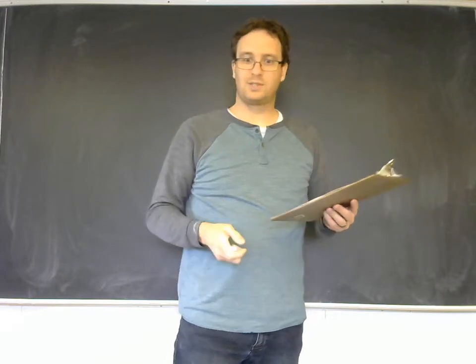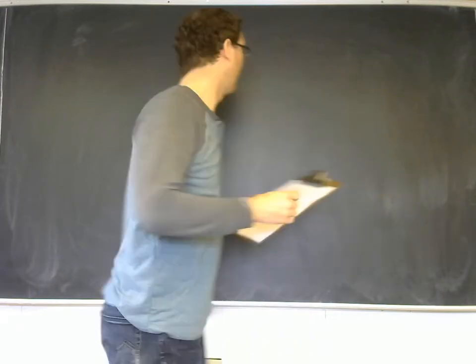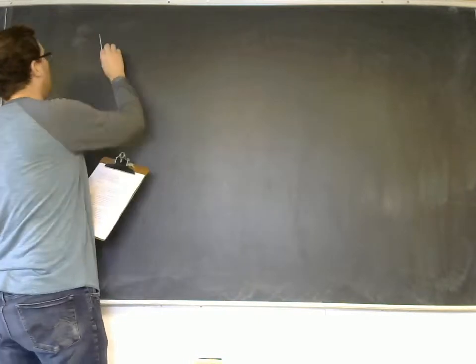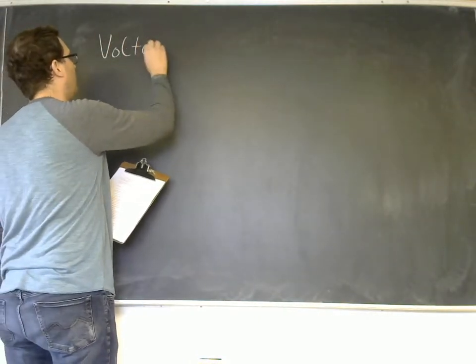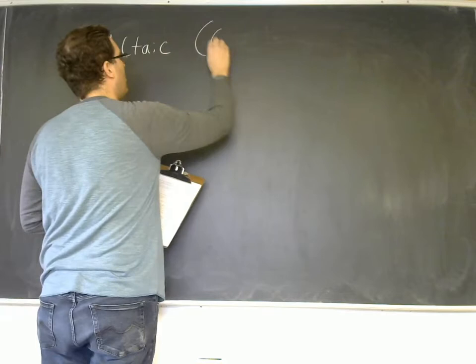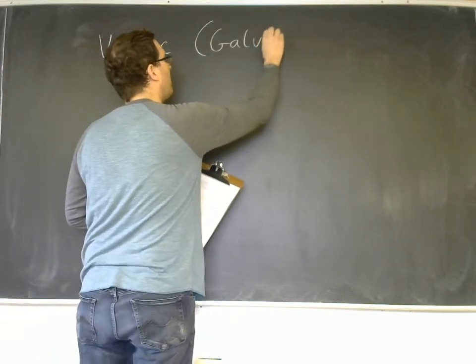So electrochemical cells come in two varieties. So there is a voltaic cell or a galvanic cell.